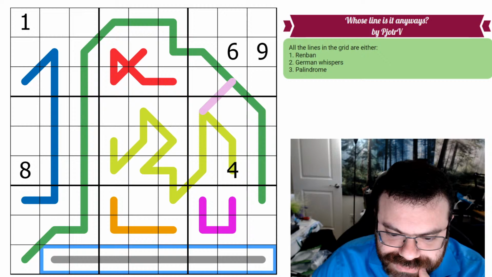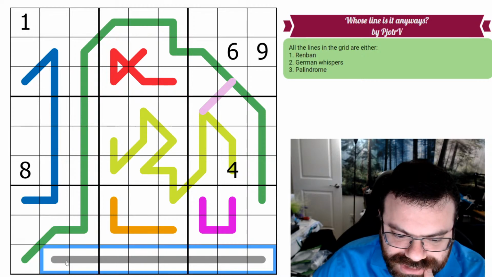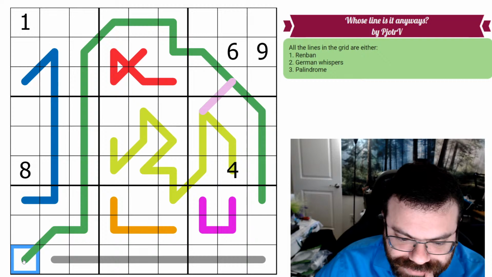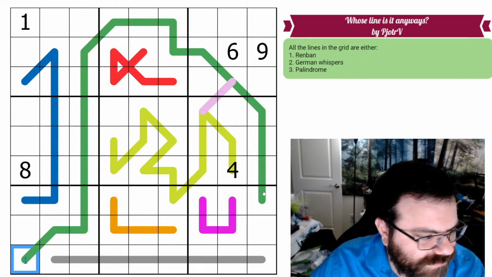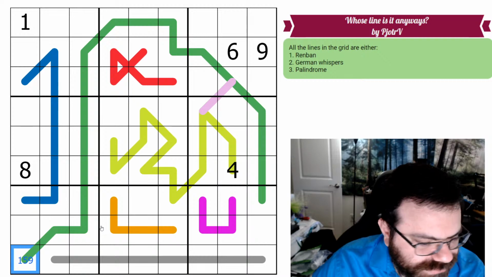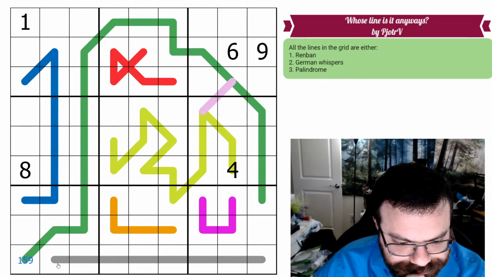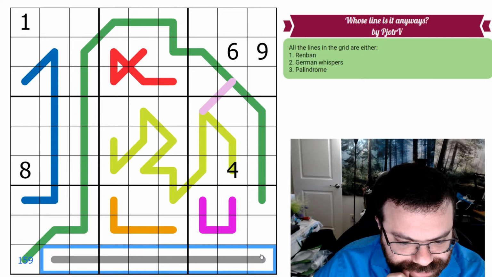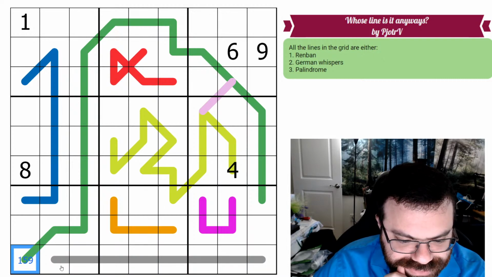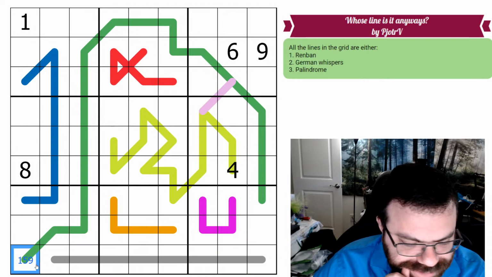So yeah, I think whispers is possible. It's highly constrained, but it's possible. And that will put a 5 here. So this is either a 1, 5, or 9. Because Renban's going to be either 1 through 8 or 2 through 9, leaving a 1 or 9 outside, and whispers would exclude the 5.